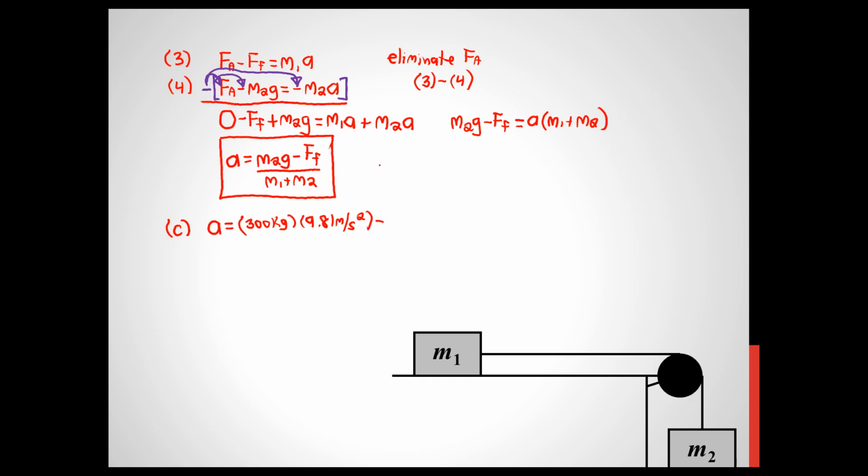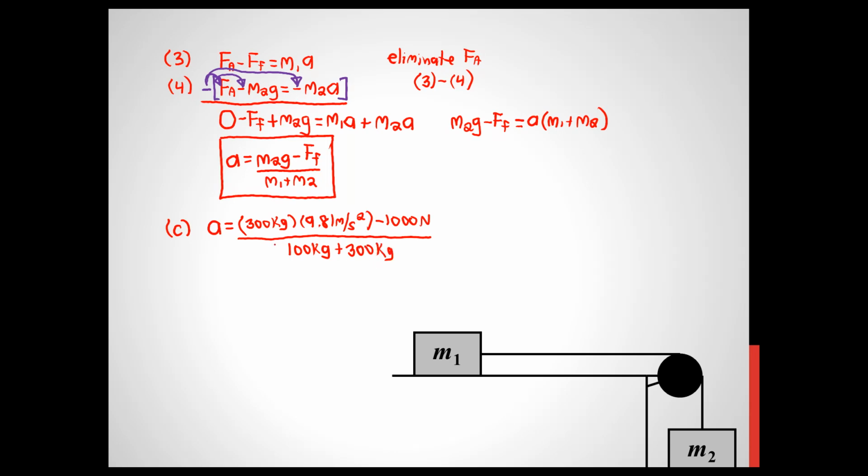The force of friction is 100 newtons. Okay, divide this by M1 plus M2. M1 is 100 kilograms, plus M2, which is 300 kilograms.